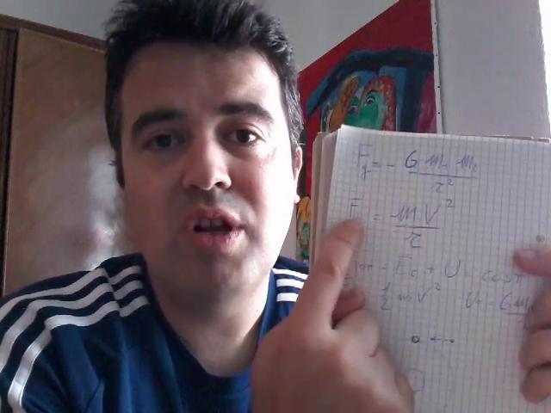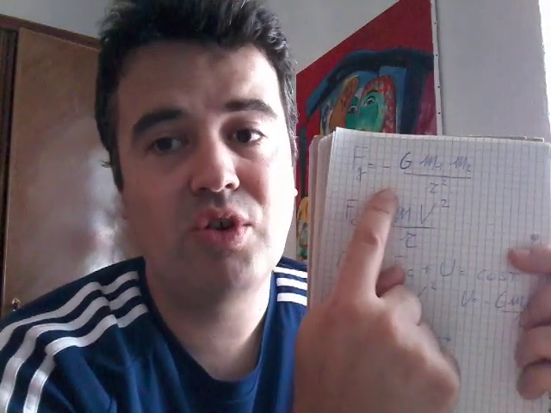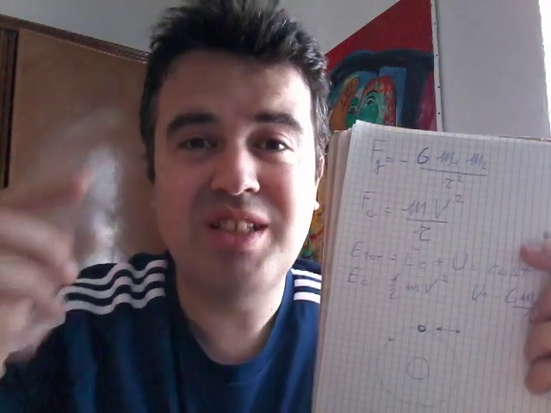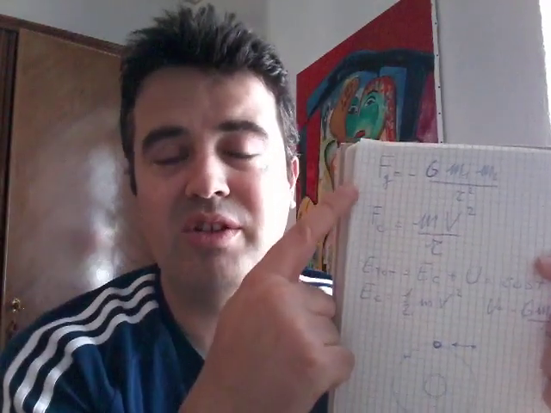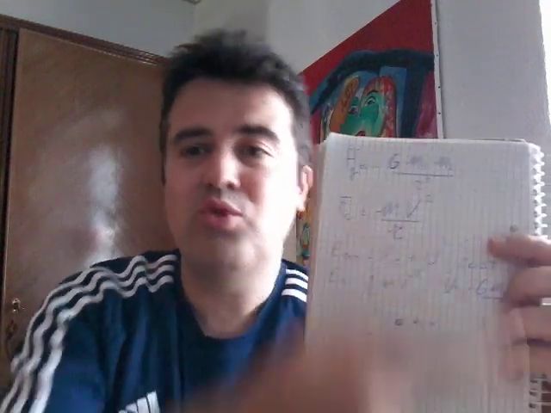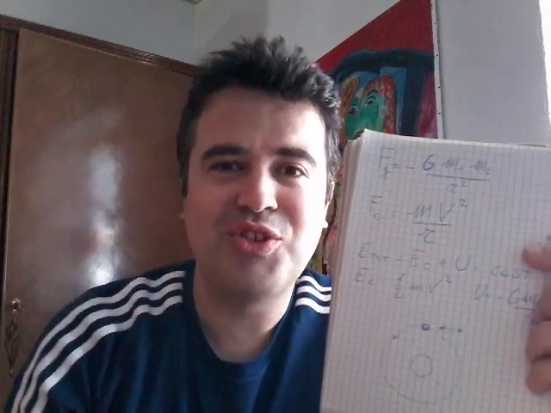So the centrifugal force diminishes, but not as much as the gravitational force. So we have a centrifugal force that is getting greater and greater in respect to the gravitational force, and this body is going to accelerate in the radial direction.